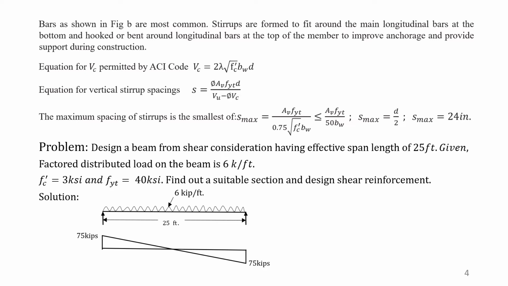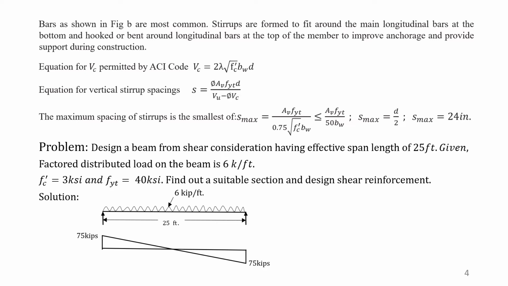Here we will be giving FYT, and we will be using FYT as a lower value than the tensile steel. In tensile steel we normally use FY as 60 ksi. In shear we use 40 ksi, so that the spacing of the stirrups remains closer. If we use higher strength, the spacing will be much bigger. Then in that case the minimum spacing will be controlling.